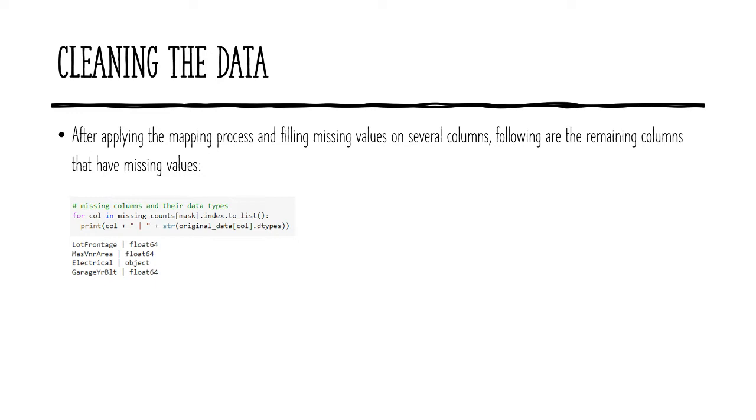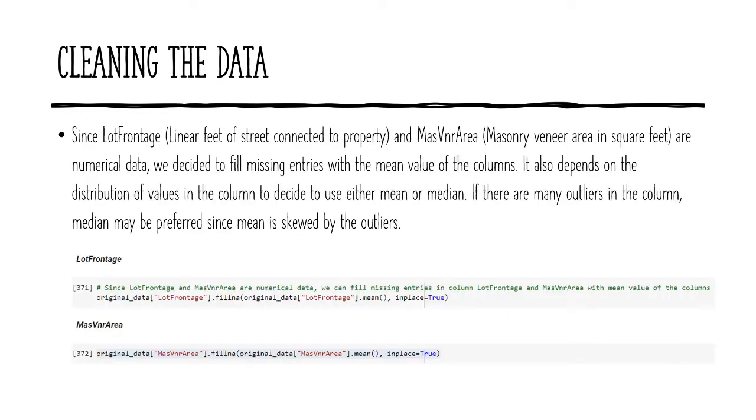Because the lot frontage column, linear feet of street connected to the property, and the masonry veneer area in square feet column are numerical data, we decided to fill the missing values with the mean value of the columns.